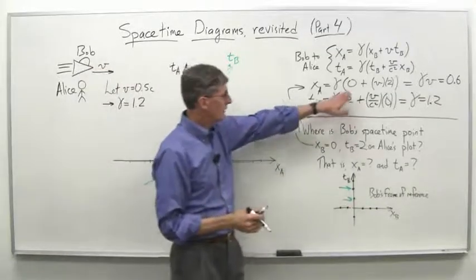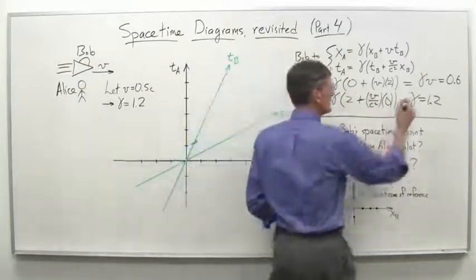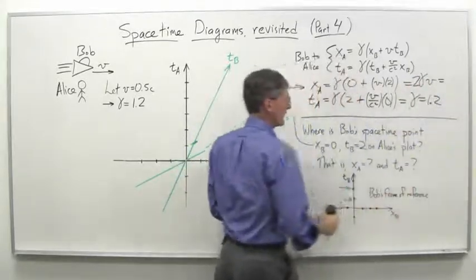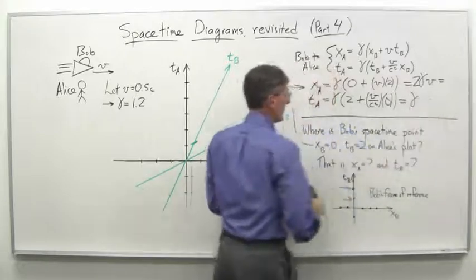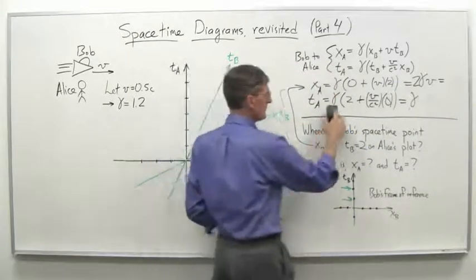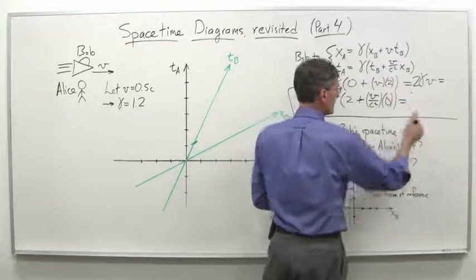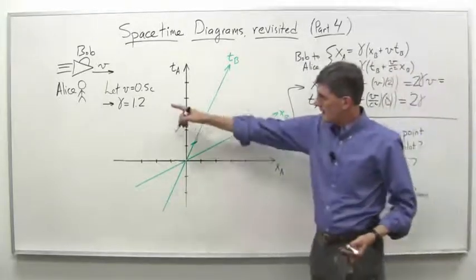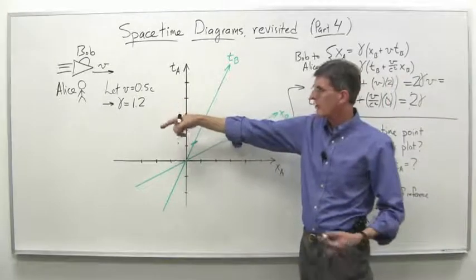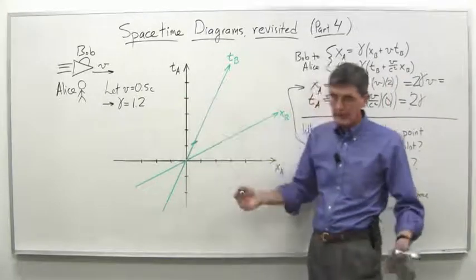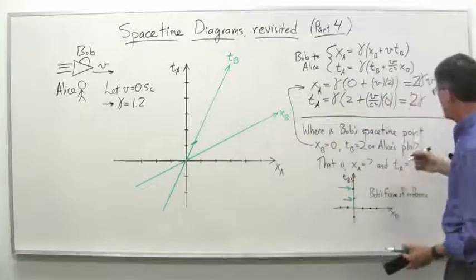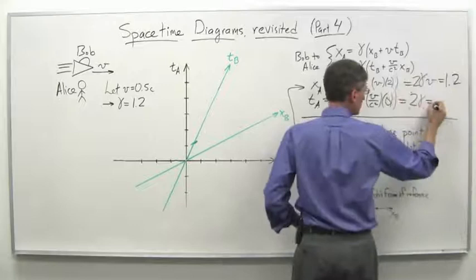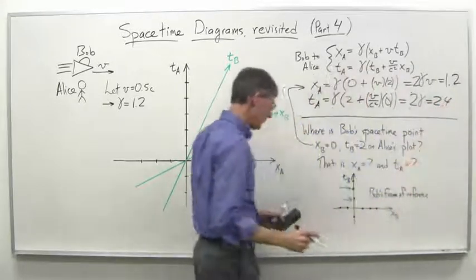And we see we get 2 gamma v, and of course it's not going to be 0.6 anymore, so we get rid of that for a minute. And down here we get 2 gamma plus 0, so 2 gamma times v, 2.4 times 1/2, essentially, gives us 1.2. And 2 gamma is simply 2.4.